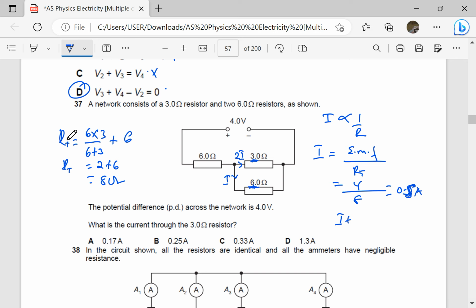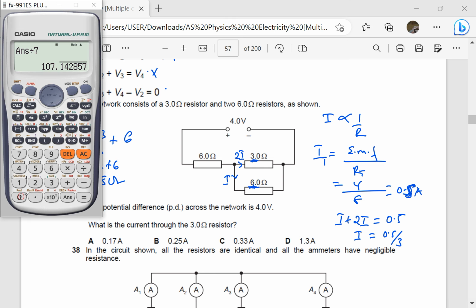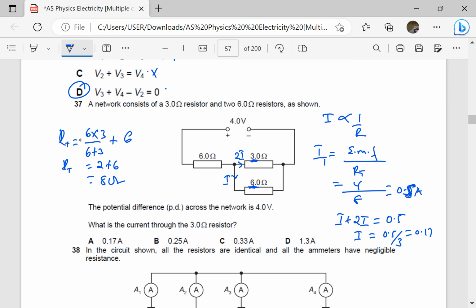Okay, this is I total. So I plus twice I should give us 0.5. So it means I is going to be 0.5 divided by 3, because it's 3I. So 0.5 divided by 3, that is 0.17. So that is 0.17 amperes.